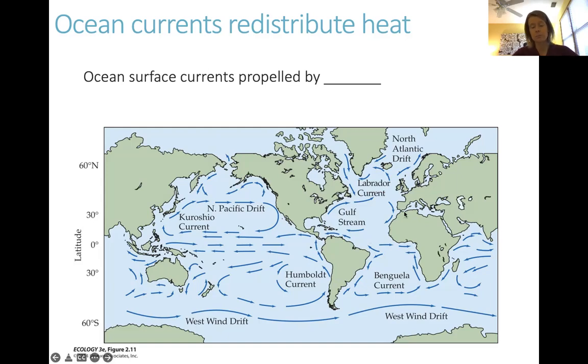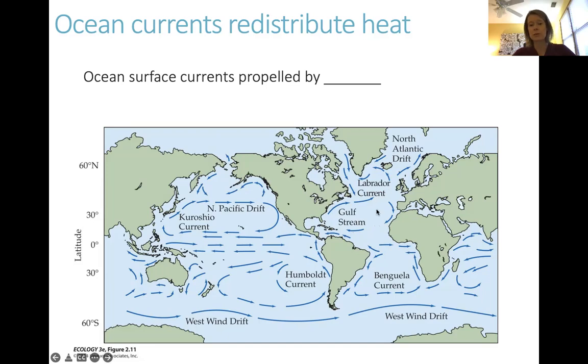So really quick, and I think this will come up when we talk about deep ocean circulation as well, the Gulf Stream, that warm water coming from the tropics and subtropics, makes its way up into the northern part of the Atlantic. That's why Great Britain and a lot of these northern European countries stay fairly warm. Deep ocean circulation accounts for that as well, but the Gulf Stream is bringing warm water from closer to the equator up into those northern reaches.